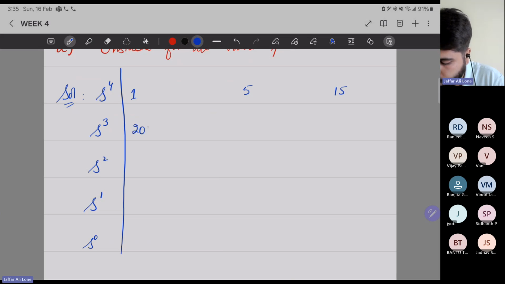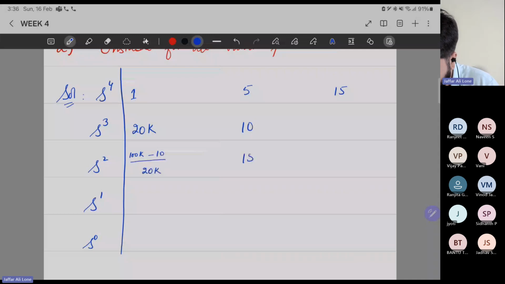This is 20K and 10. Now, if I solve it, it will be (100K minus 10) over 20K, and it will be 15 here.